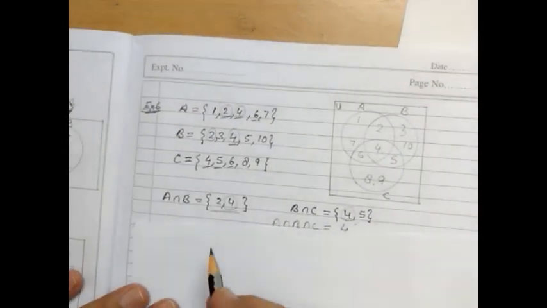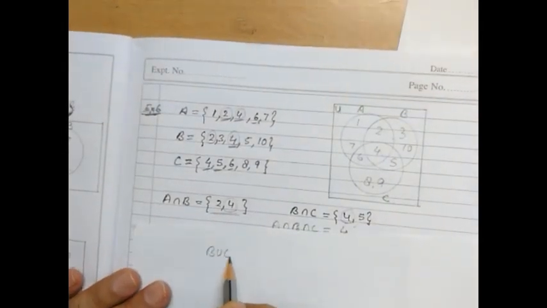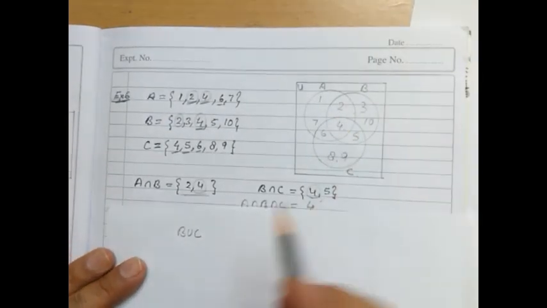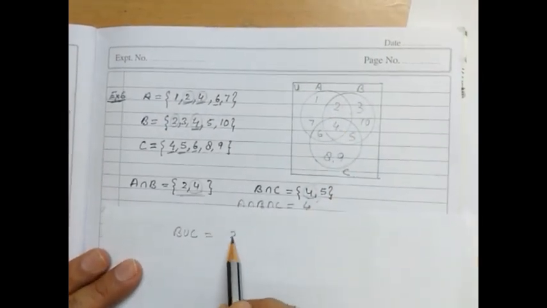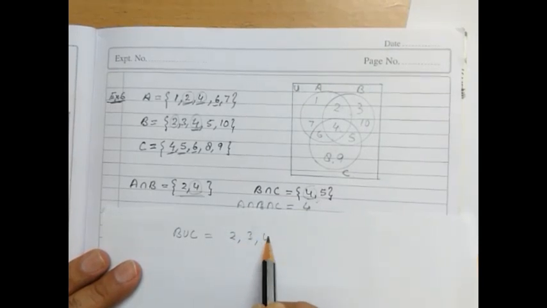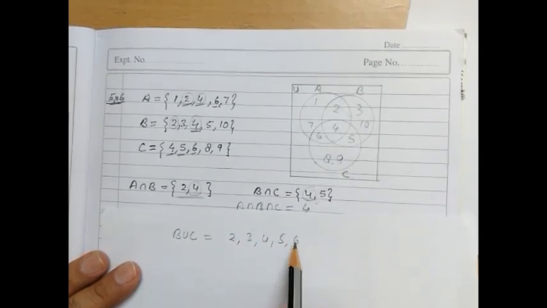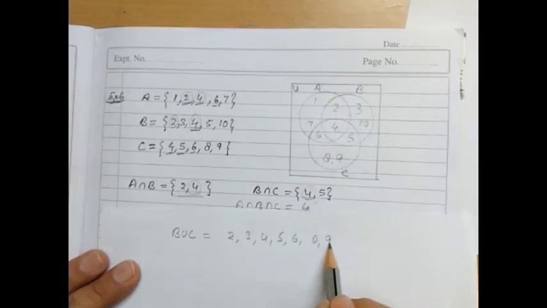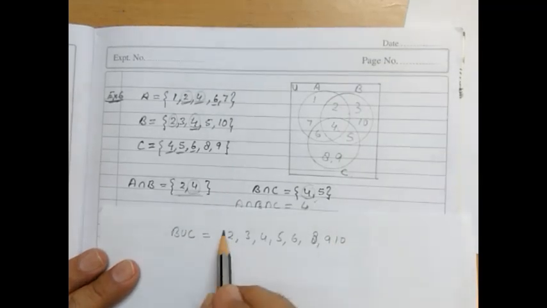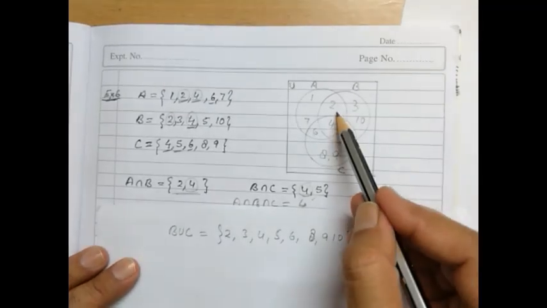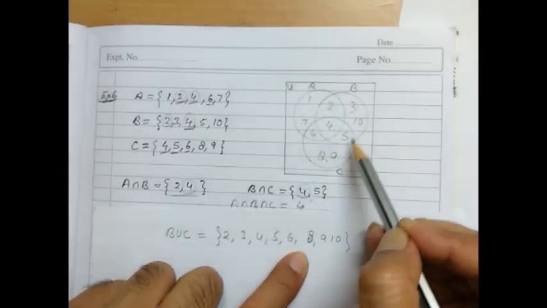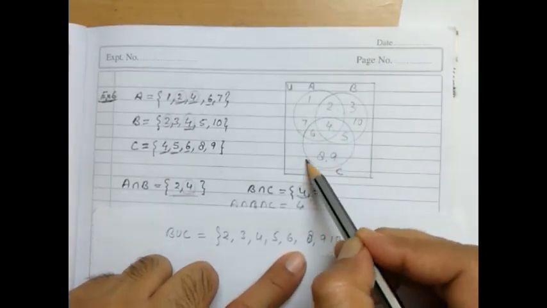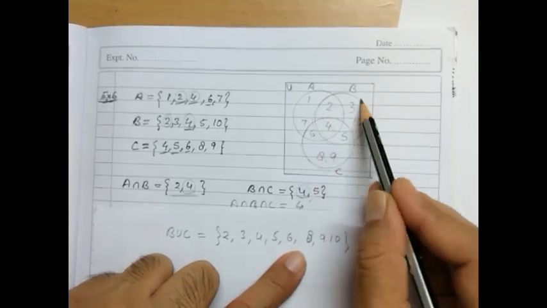So here we talk about B union C. If we see B union C, here we will be having 2, 3, 4, 5, 6, 8, 9, 10. You can check it here. So what are we having? 2, 3, 4, 5, 6, 8, 9, 10. So this is your C and this is your B, isn't it?